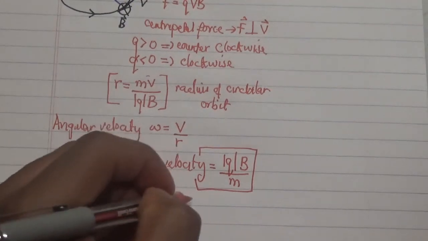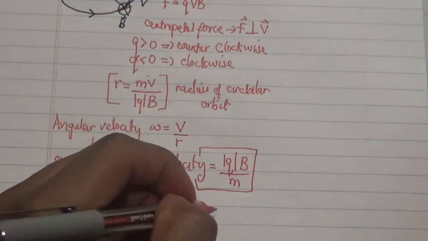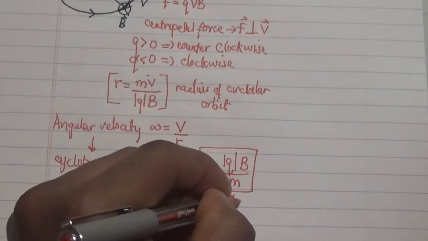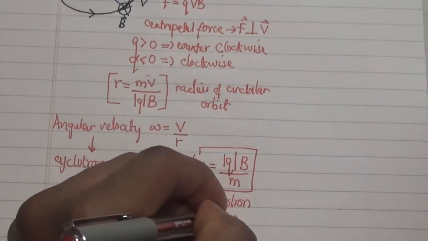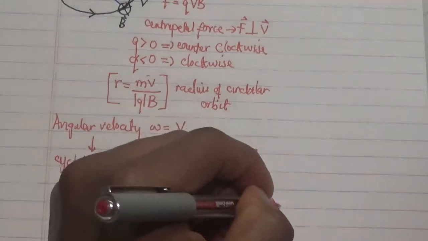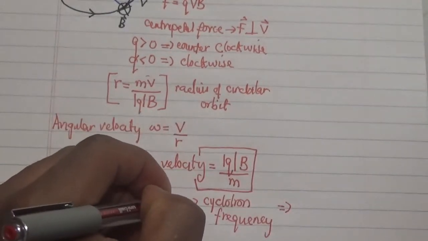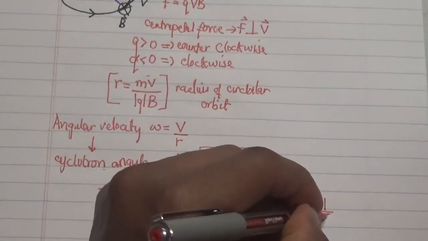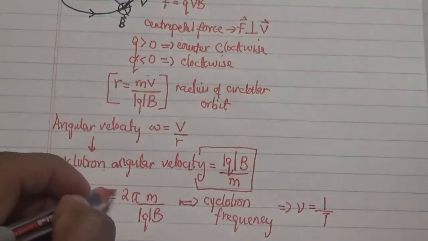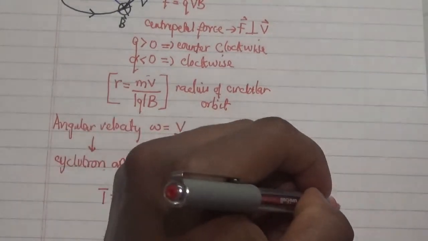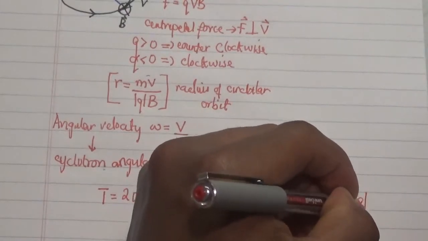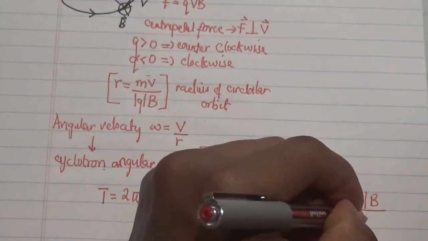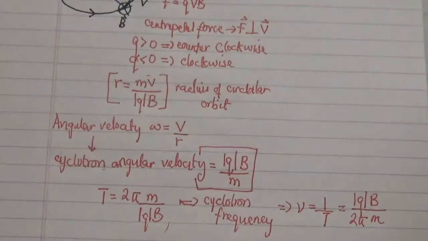This comes from our understanding of the frequency, the cyclotron frequency, which is represented as one over the period. When we put the period into this equation, what we get is the quantity of charge multiplied by the magnetic field divided by 2 pi multiplied by the mass of the particle.